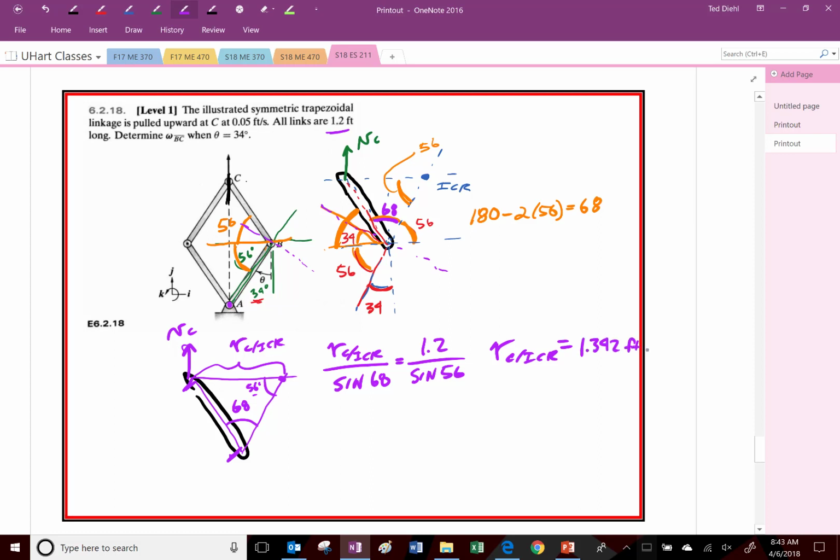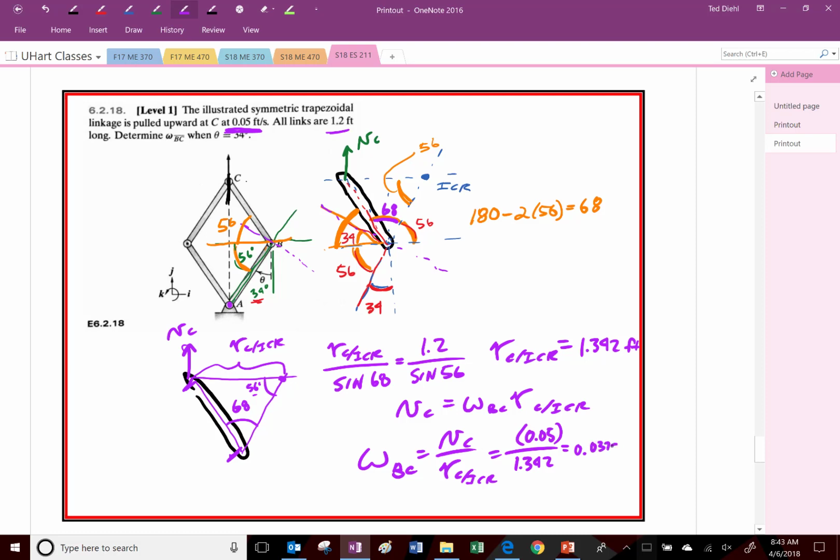We do that and get RC with respect to ICR equal to 1.342 feet. So now we're able to say that because we know that VC is equal to omega BC times RC with respect to ICR, we're able to get omega BC equal to VC over RC with respect to ICR, which is 0.05 divided by 1.342, which means 0.03726 radians per second.